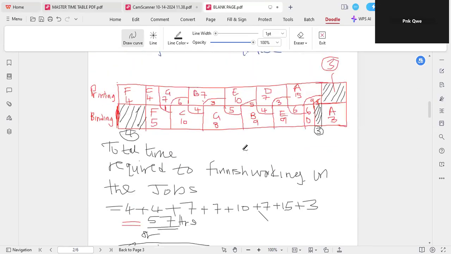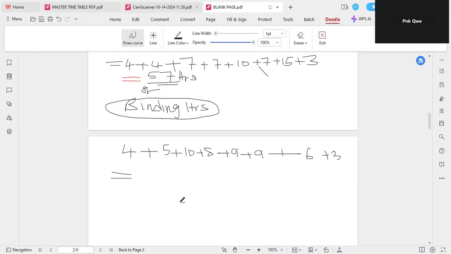Okay. Then, right, then plus 9 plus 9 plus 6 plus 3. Okay, so the total hours is supposed to be equal to 57 as well. So 57 hours, these are the hours that we need to have.